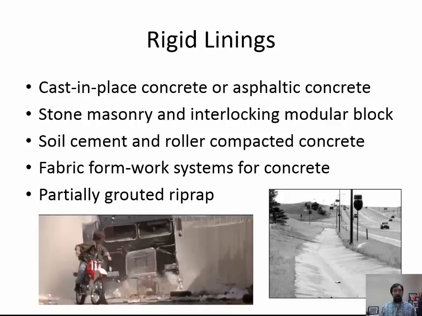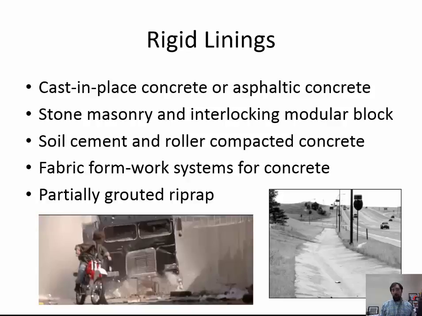So, when we talk about threshold channels, we've got a couple of different types. We've got rigid linings, and we've also got flexible linings. Rigid linings are pretty straightforward. They're cast-in-place concrete or asphaltic concrete, as we saw in the Terminator chase scene. They can be stone masonry of interlocking modular block, soil cement, roller compacted concrete, grouted riprap, etc. These would be very rigid.